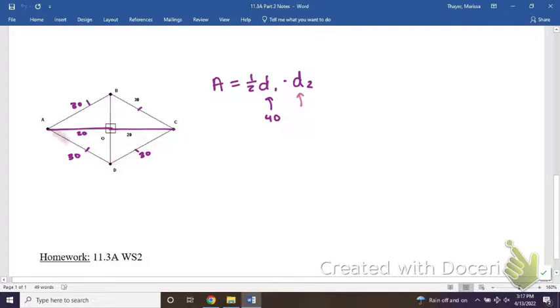What I can do is focus on just one triangle. I have 20. I have 30, and we can figure out this missing side. We can do this with Pythagorean theorem. The 30 is your hypotenuse because it's across from the 90-degree angle.